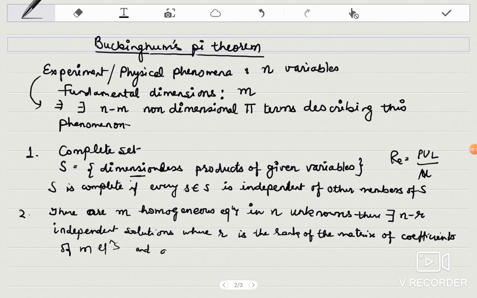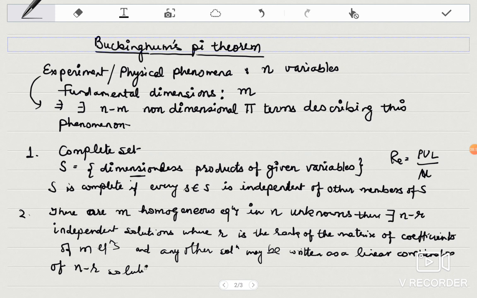And any other solution may be written as a linear combination of these n minus r solutions. So these are two things which are important in Buckingham's pi theorem.